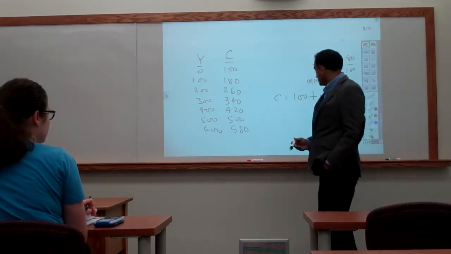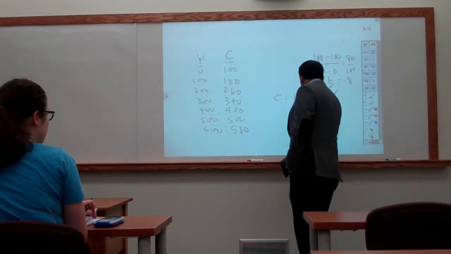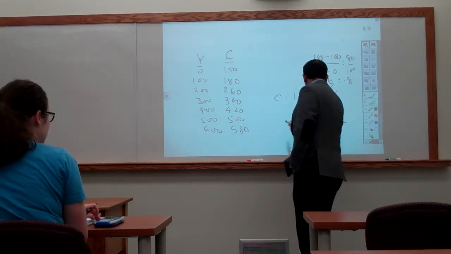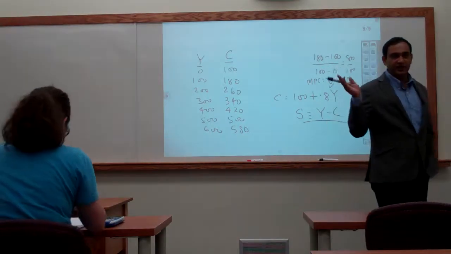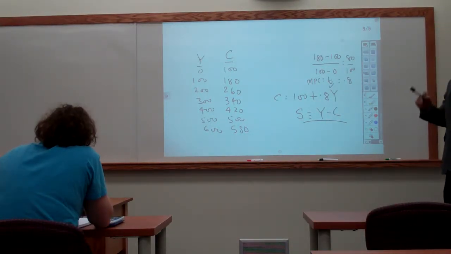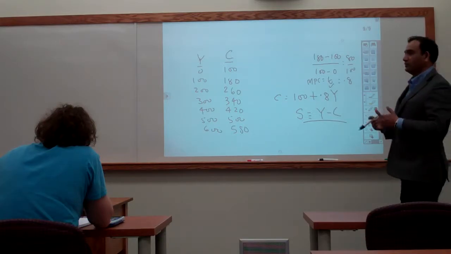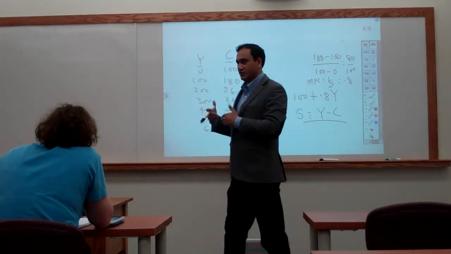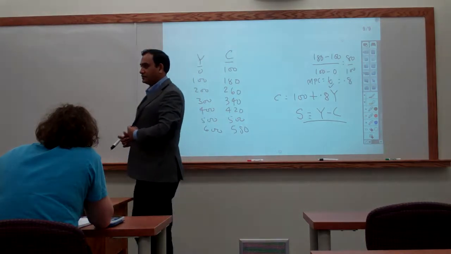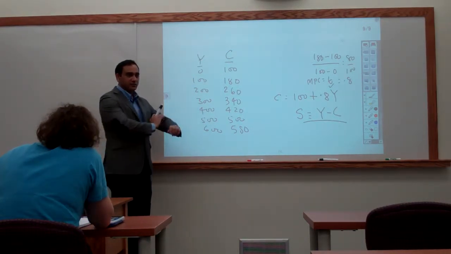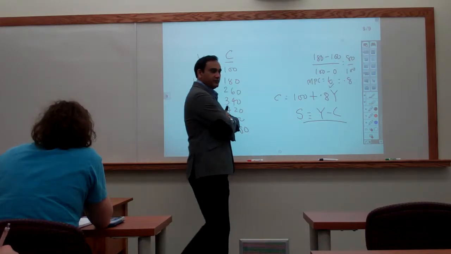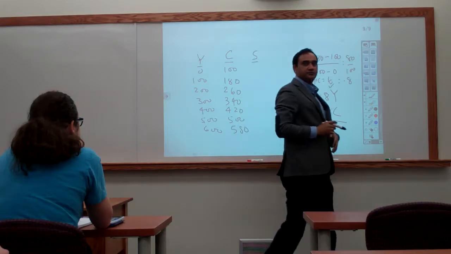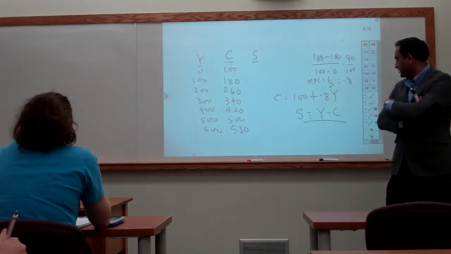So you can write savings equals Y minus C. You already have income, you have consumption, so you can calculate savings. And I want you to give me the savings function: negative A plus 1 minus B times Y. You have to give me the numbers for that. So that's your task now. Let's do that. First thing you will do is calculate savings at each income level using that equation I gave you.